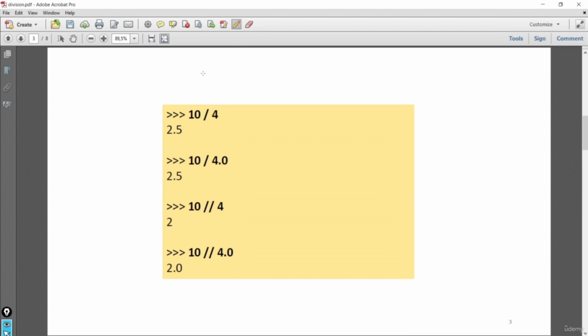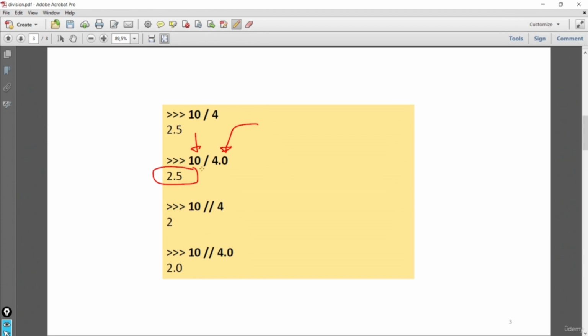So this is classical division. The result is 2.5 and this is a floating point number. Here both numbers are integers, but the result is a floating point number, a fractional number. Here we have an integer and a floating point number.